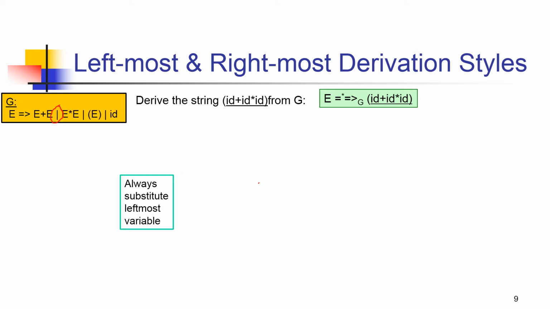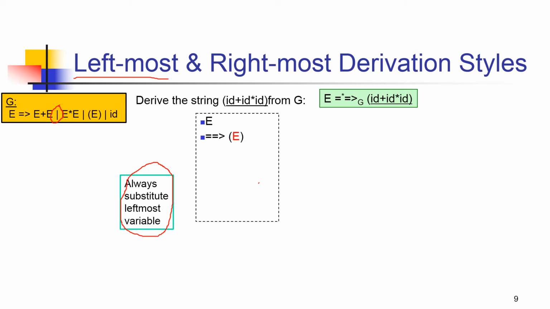What we are going to do in leftmost derivation is utilize this fundamental concept which says always substitute the leftmost variable first. If you have multiple variables, then pick the leftmost variable and substitute it. This is the thumb rule.